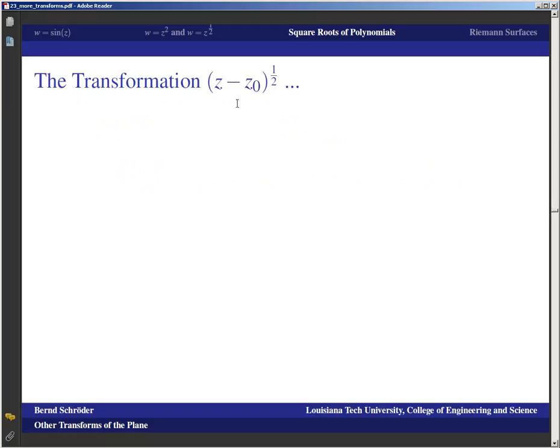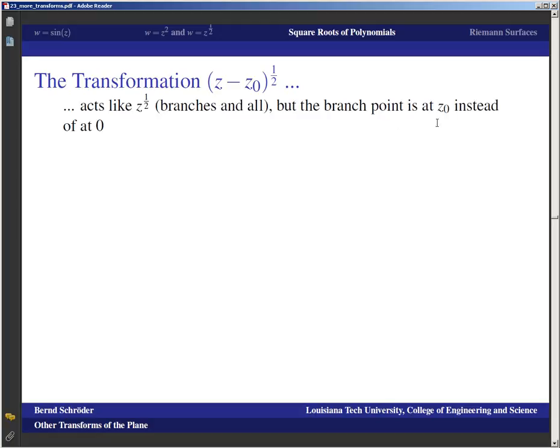So what we could do is factor the polynomial, because the fundamental theorem of algebra tells us that every polynomial factors into linear factors over the complex numbers, and then just deal with the product of transformations (z minus z0) to the 1/2. That transformation acts just like z to the 1/2, branches and all. It's just that the branch point is at z0 instead of at 0, and points near z0 are mapped to places near 0. So that should actually give us a bit of hope.